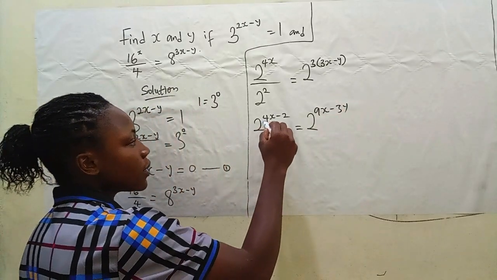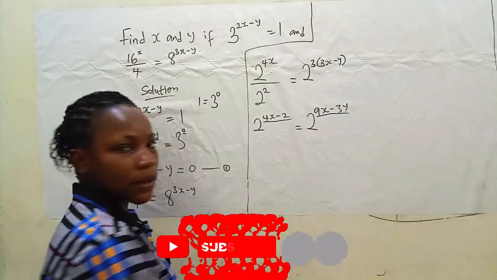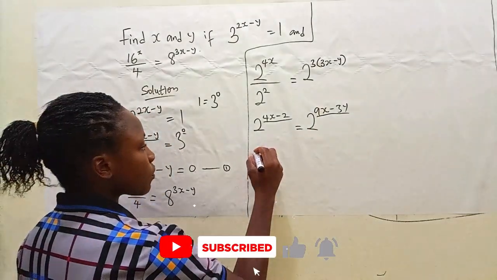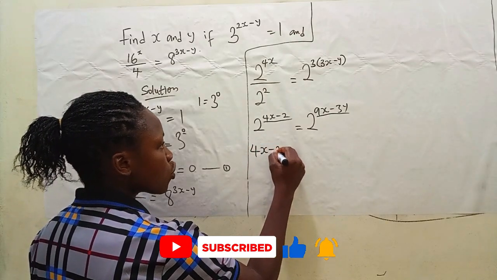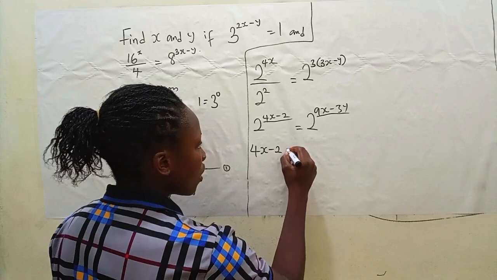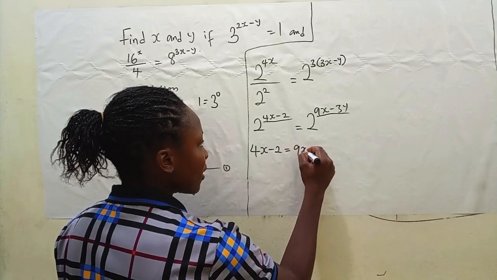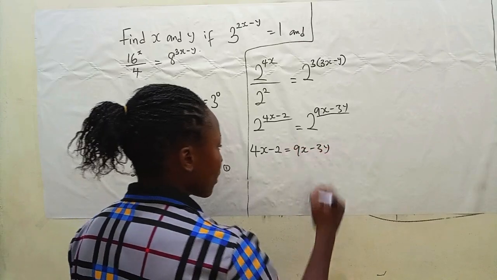Alright, now we are using this and this. So we're going to have 4x minus 2 equals to 9x minus 3y.